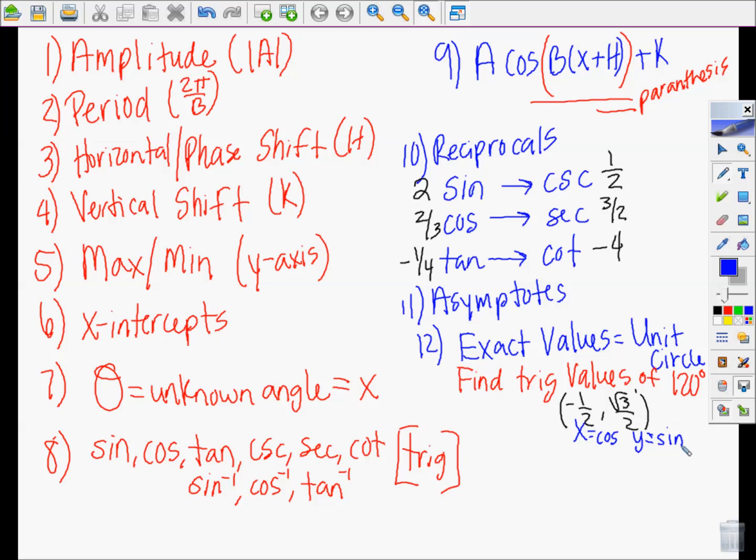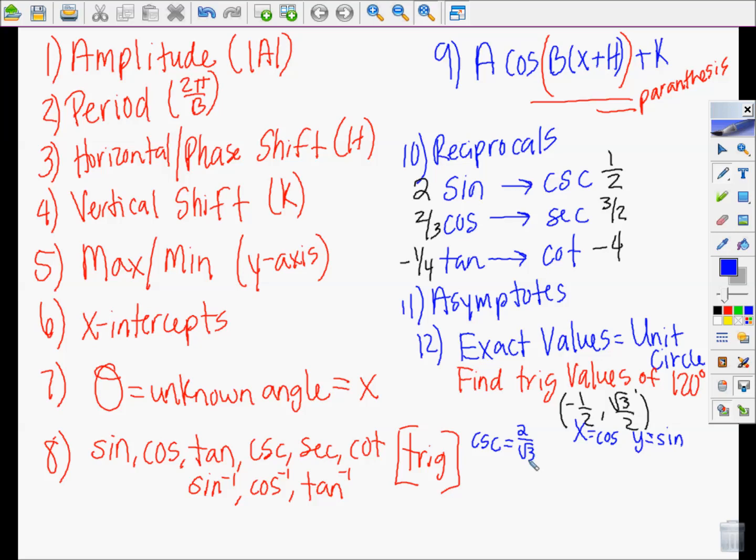So as long as I know x and y, I can find every other trig value. If I'm looking for cosecant, it's the reciprocal of sine. So the cosecant would equal 2 over the square root of 3.